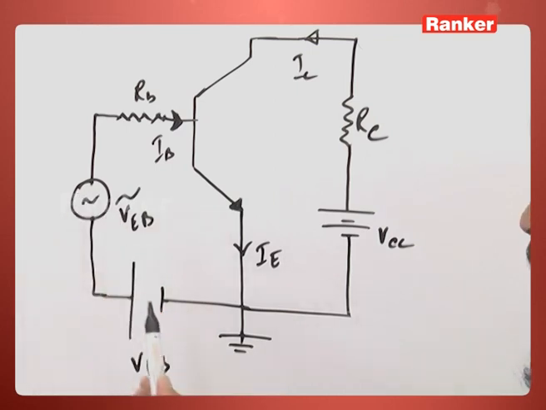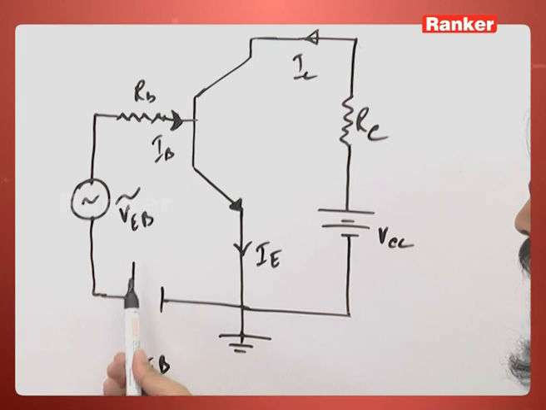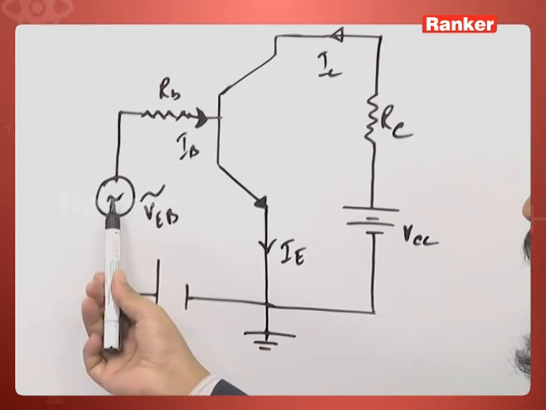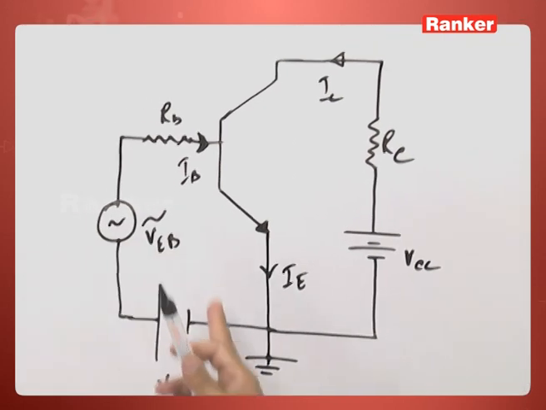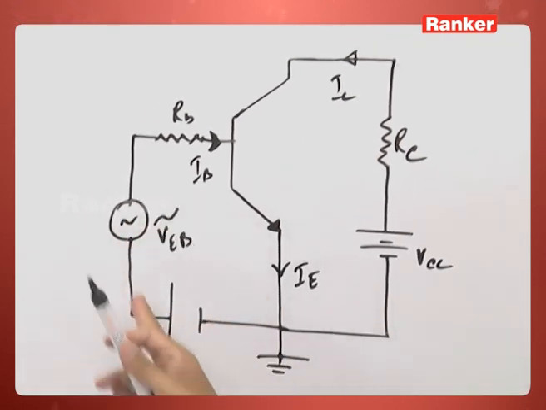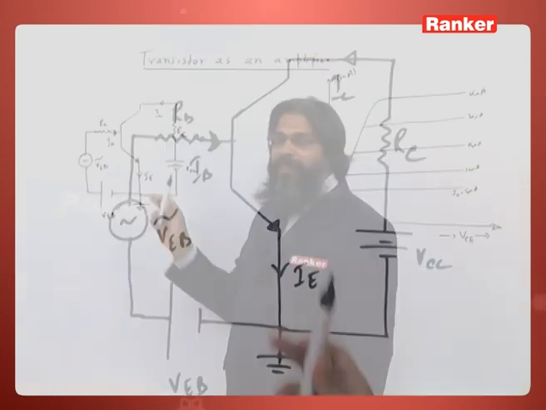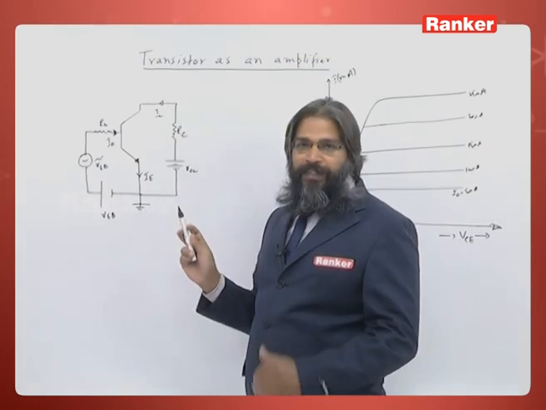This is the signal and this is the bias. This is a must, because this plus this will make the transistor always act within the active region.